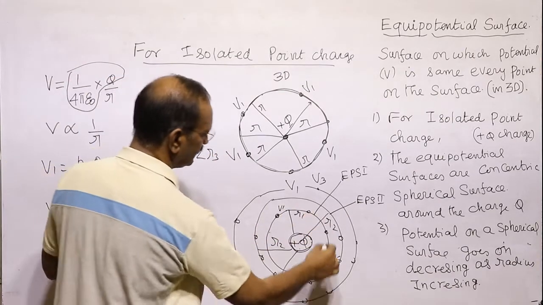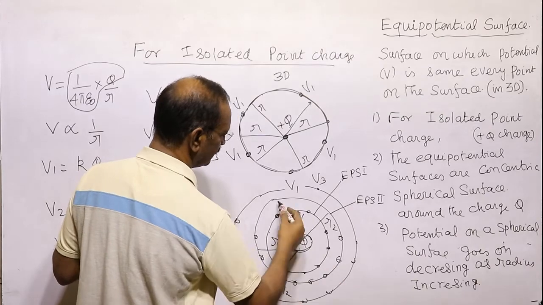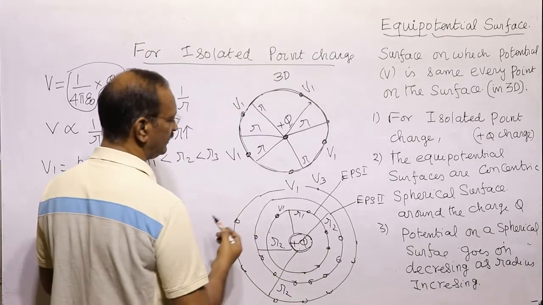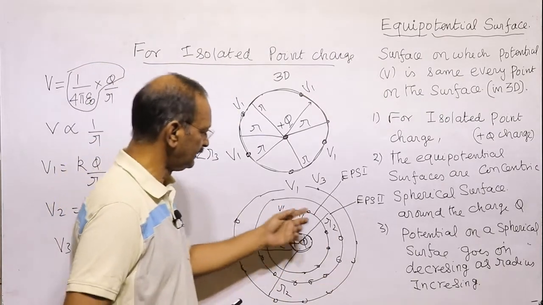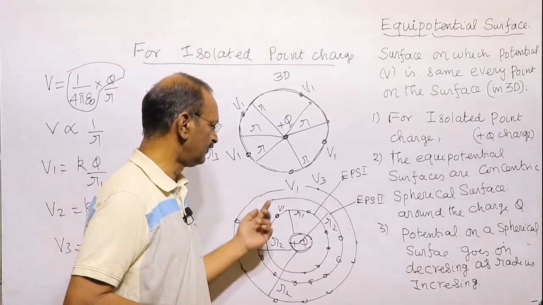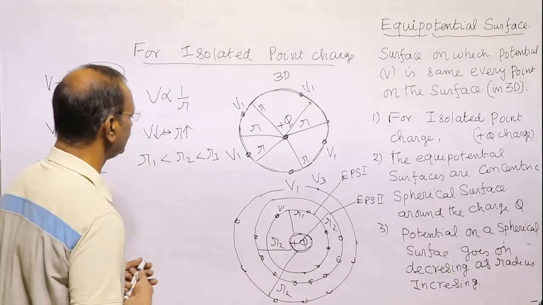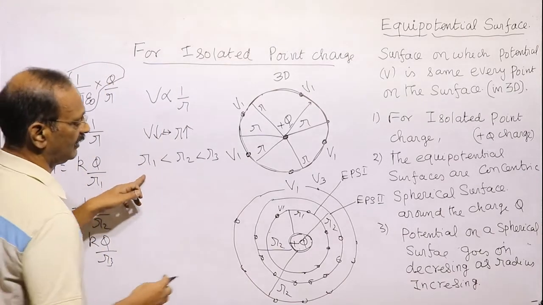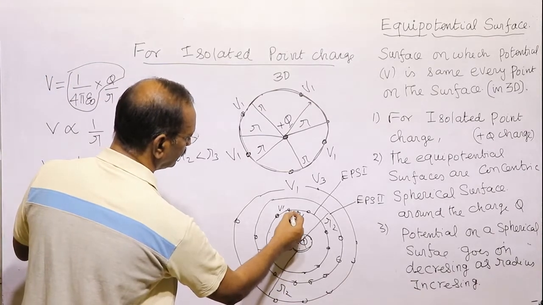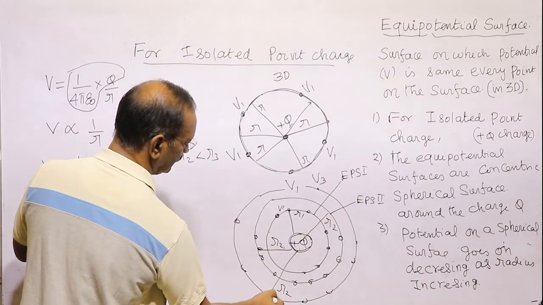So this is concentric spherical shell 1, this is concentric spherical shell 2, and this is concentric spherical shell 3. Each surface is an equipotential surface. This is for R1, this is R2, and this is R3.